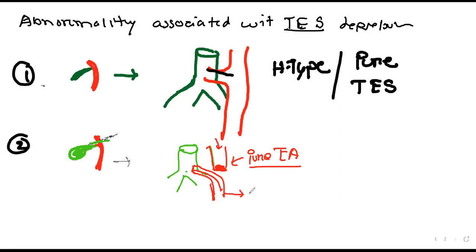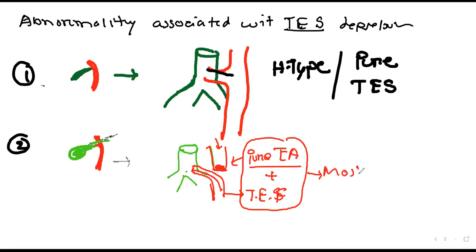So it also has a tracheoesophageal fistula. This combination has both esophageal atresia and tracheoesophageal fistula, and it is the most common type. This is the most common type of tracheoesophageal abnormalities.